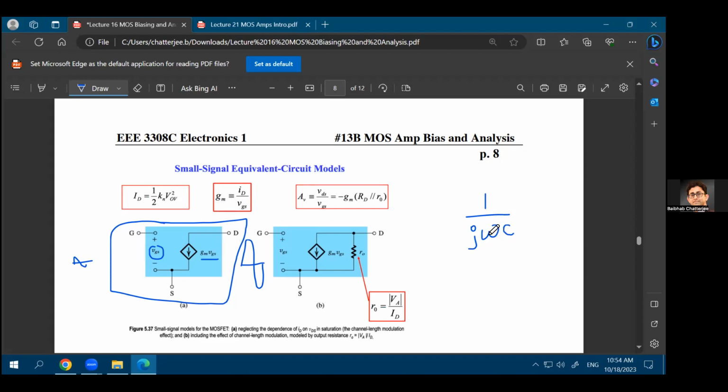However, at infinitely large frequencies, all capacitances work as shorts because omega is infinite. So 1 upon j omega c is equal to 0, which means that the impedance or the resistance of a capacitance at very high frequency is equal to 0, which means it becomes a short. So capacitance is an open at 0 frequency, capacitance is a short at very high frequency.